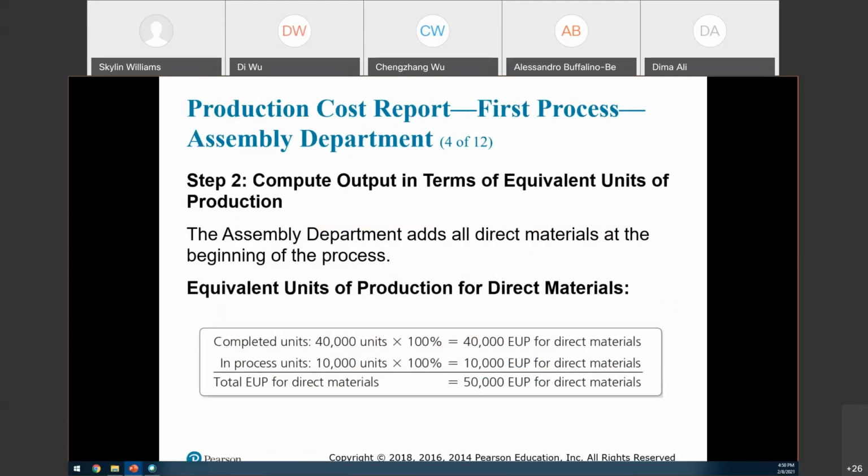Well, for the completed parts, it is pretty much straightforward. For the completed units, since they are fully completed, regarding either direct material or conversion cost, they are 100% completed.